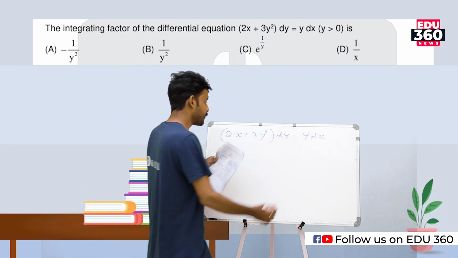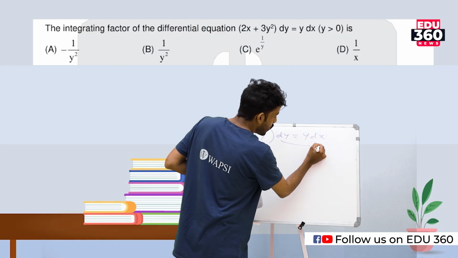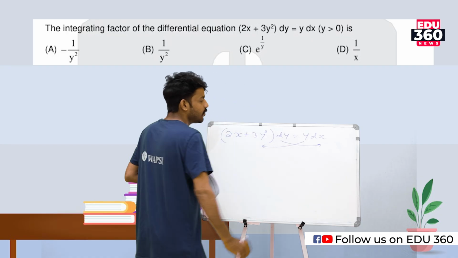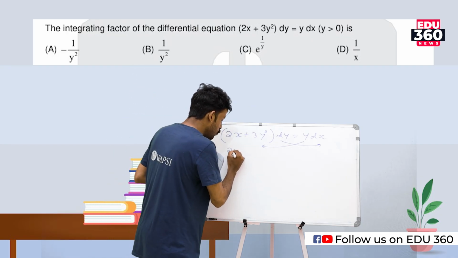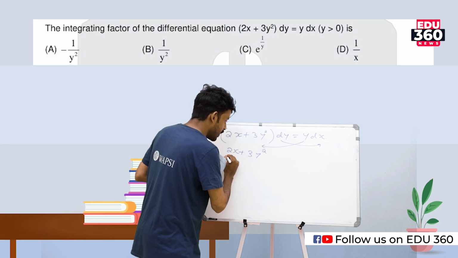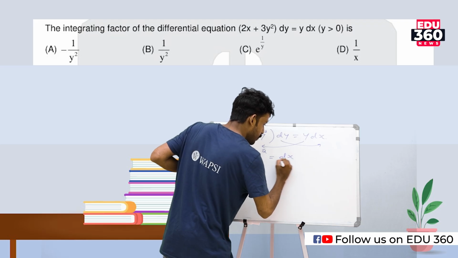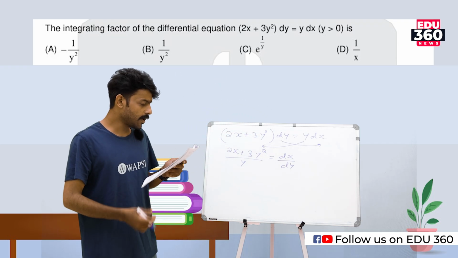Okay, so first of all, I'm going to move dy to the right hand side and y to the left hand side. So we can write it as (2x + 3y²)/y = dx/dy.